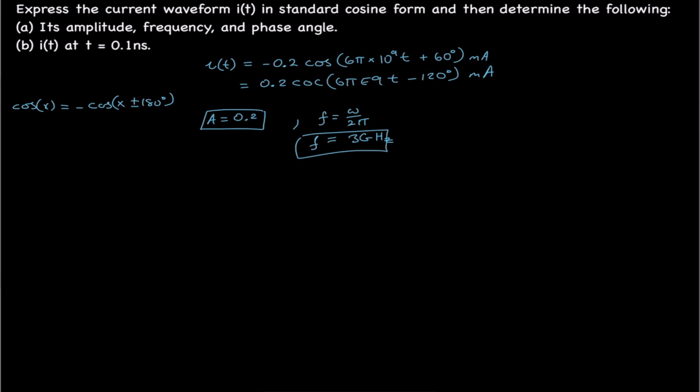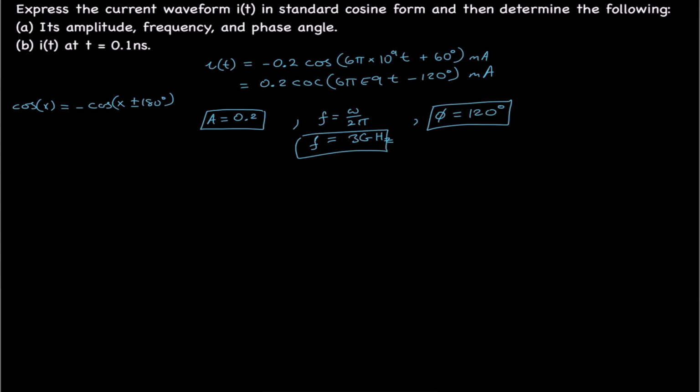Now we need to find the phase angle. The phase angle is at this point negative, so our phase angle is negative 120 degrees. So we have all we need.